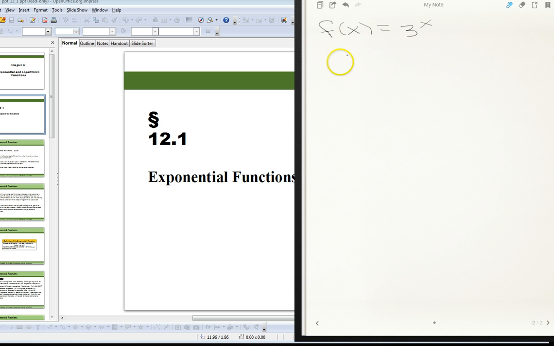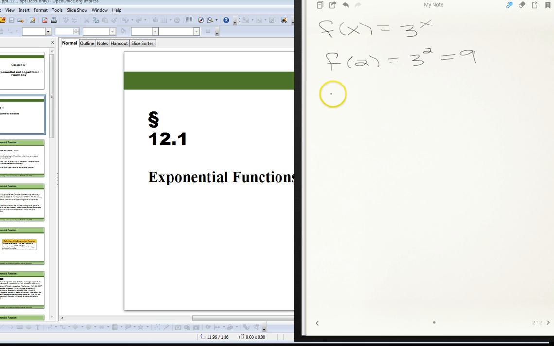I'm using my bamboo tablet at home for the first time and I'm getting used to the new setup. So what if I wanted to evaluate when x is 2, if I wanted to plug in 2? That would mean I would be doing something like this: 3, and then the 2 goes where the exponent is, yes? So that means that f of 2 is 9 because it is 3 squared, right? So that's how we evaluate an exponential function.